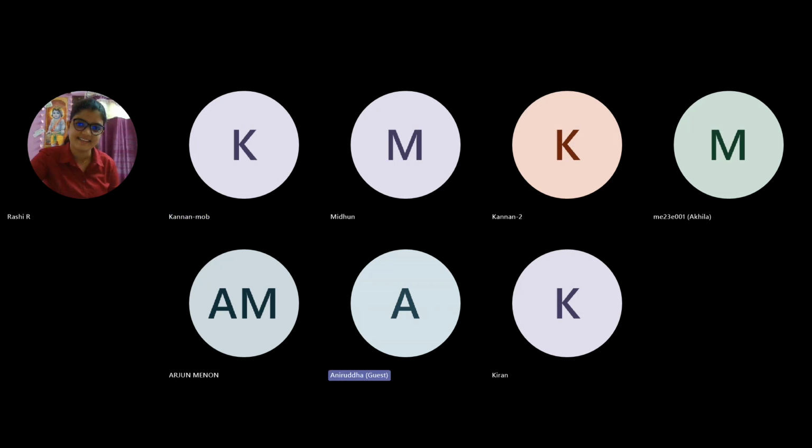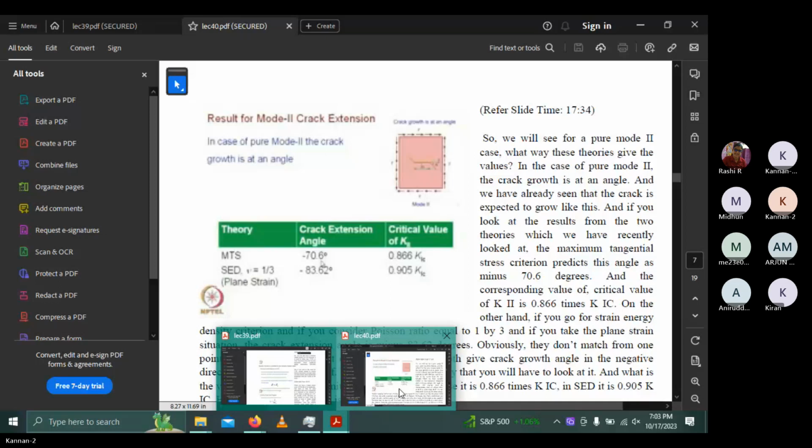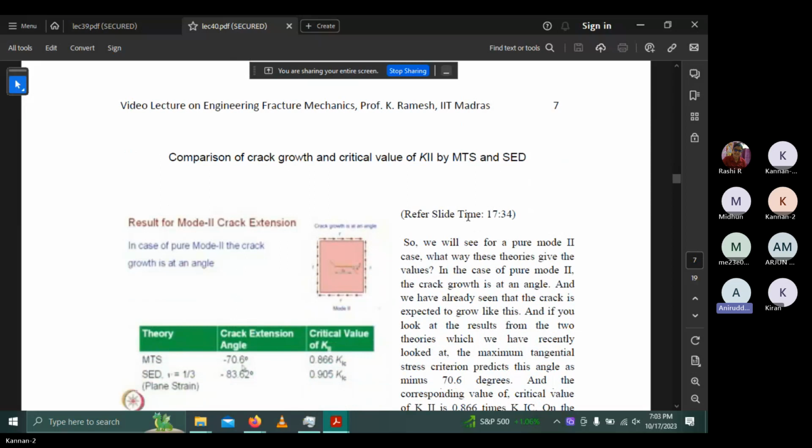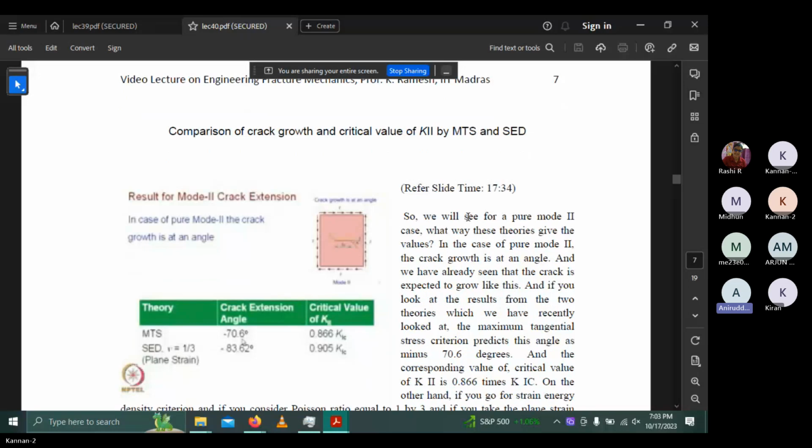Lecture 40, page number 7. So in this one, crack extension angle theta is mentioned for 2 different theories.